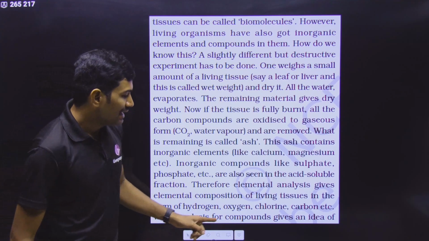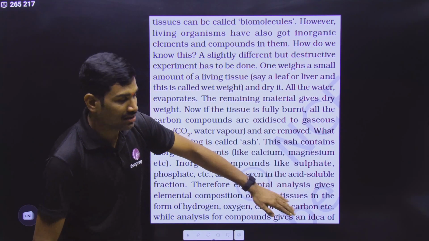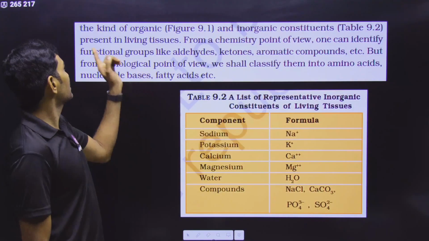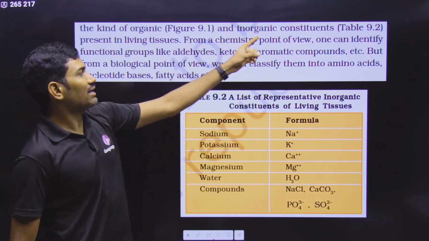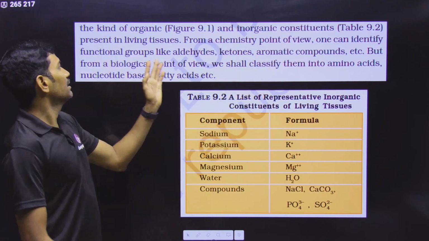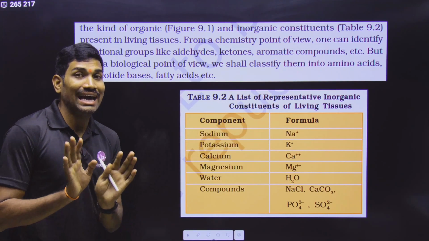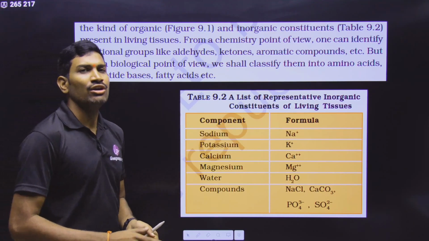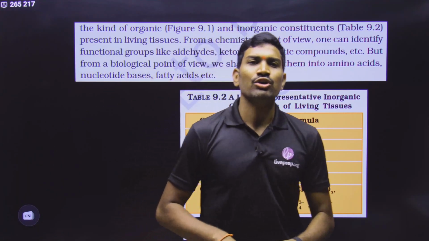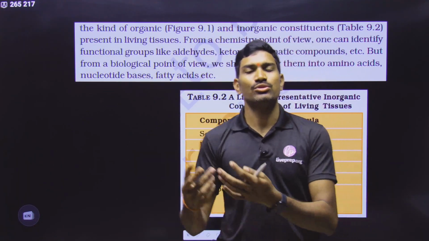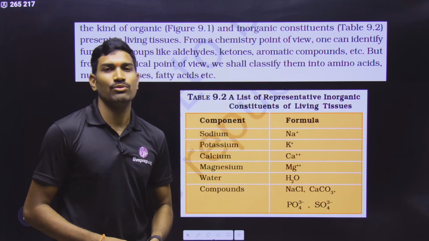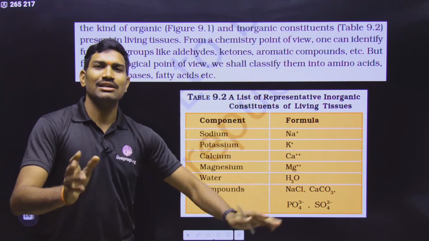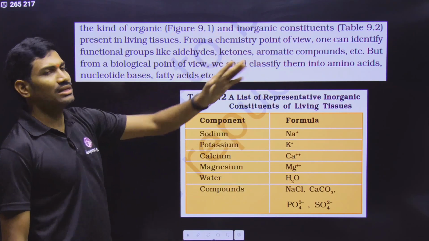While analysis for compounds gives us an idea of the kind of organic and inorganic constituents present in the living tissues, not in the ash. Ash will have only inorganic, but here for living tissue they are saying, if you are doing the compound analysis, you will get the various organic and inorganic compounds present. If you are doing elemental analysis, you get the list of elements present. So in this way, you can get the complete list here.